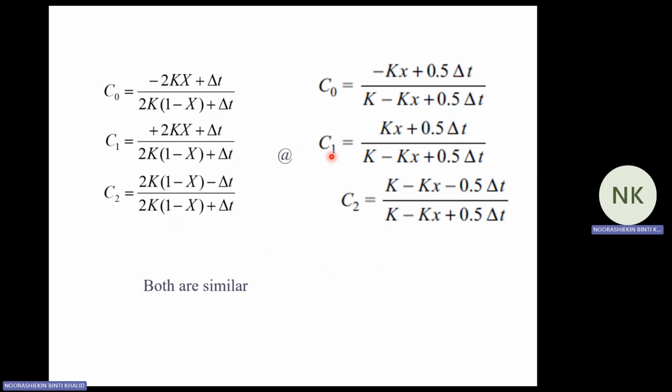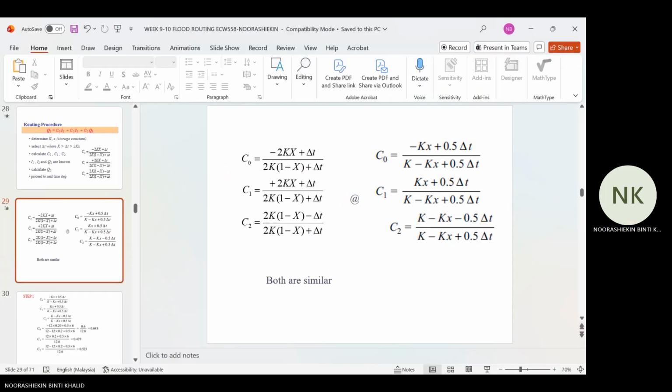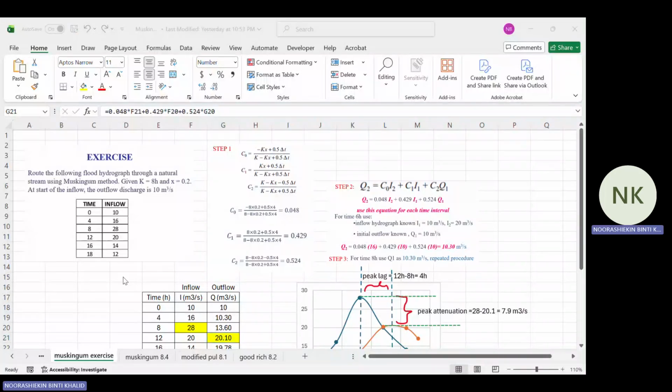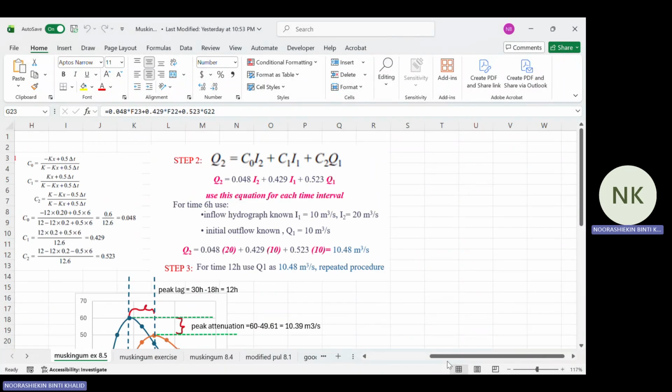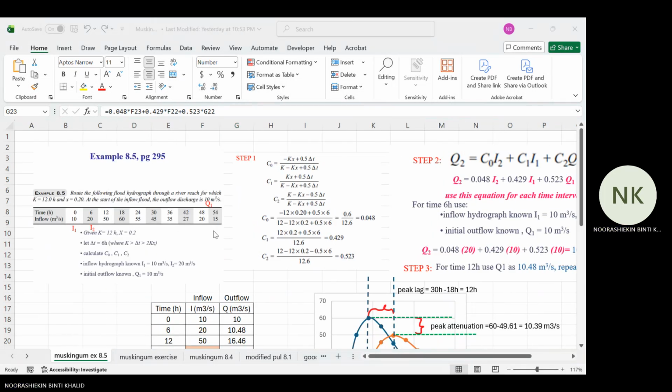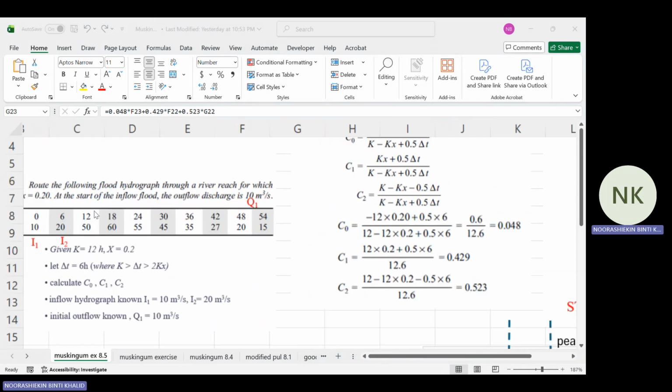We go to example 8.5. I'm doing it in Excel.